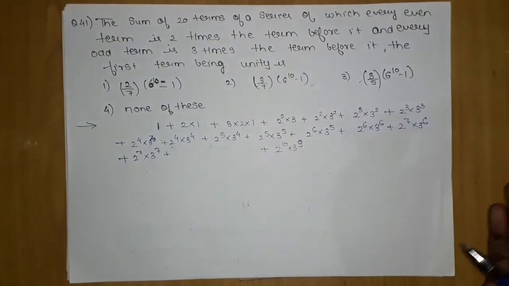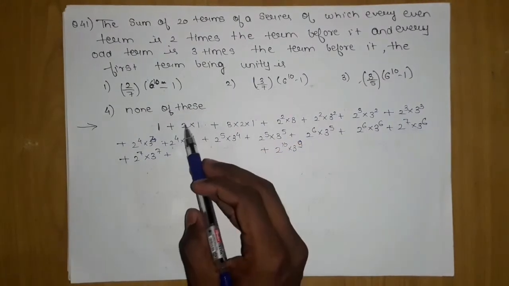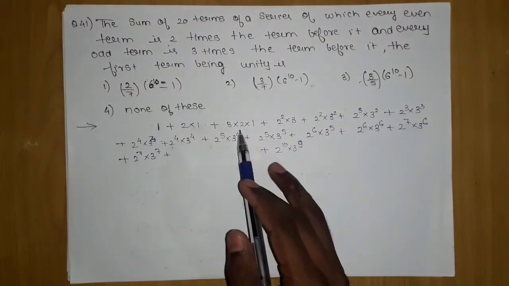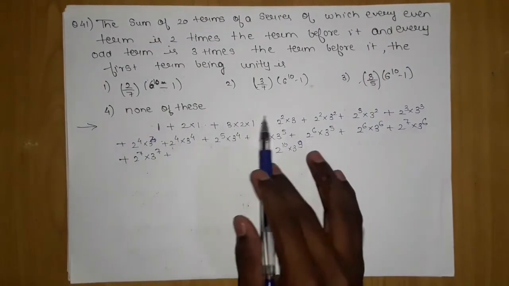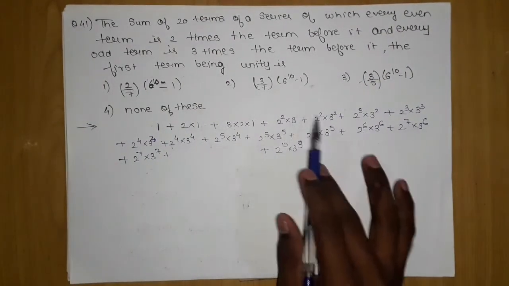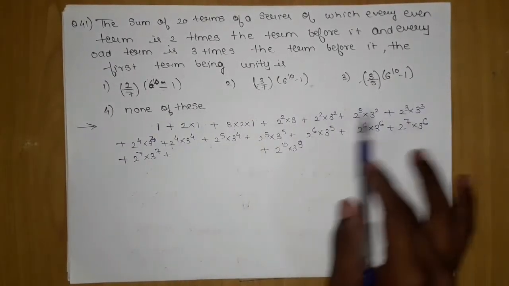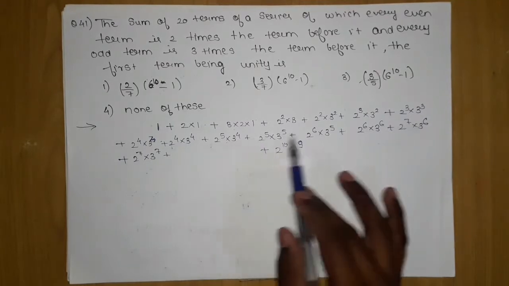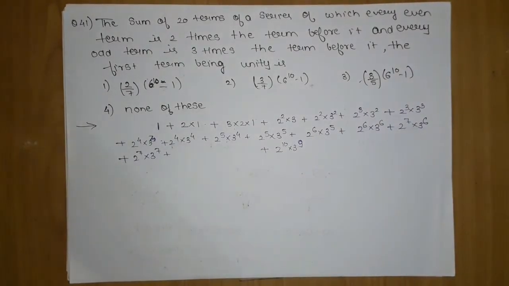Now it is the 20th term. You can take two terms extra at the start, and the powers go on till 10 for 20 terms. So the last term is 2 power 10 into 3 power 9.